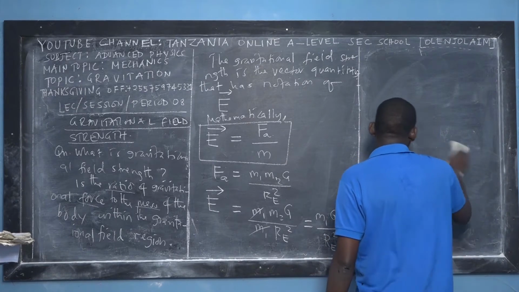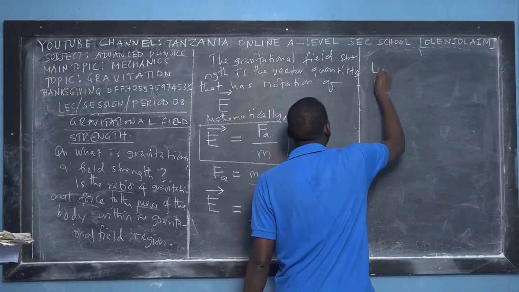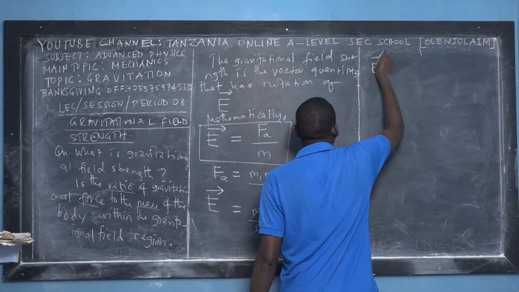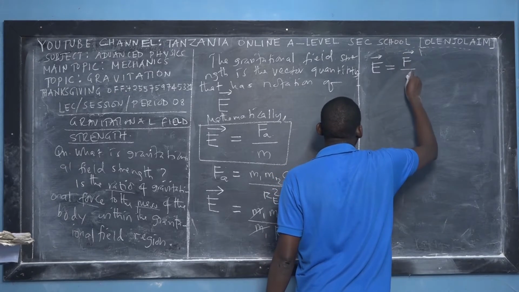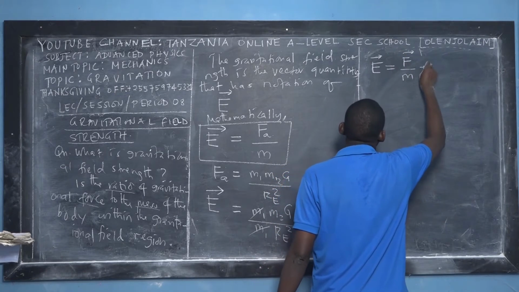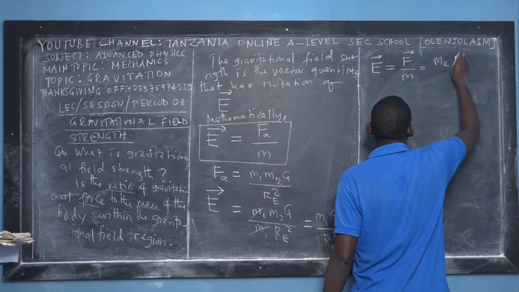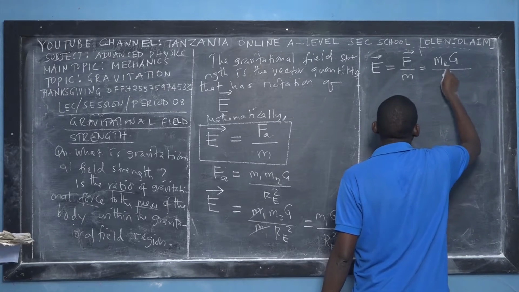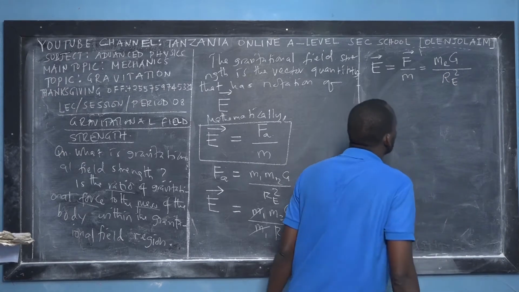Remember that the force is also a vector quantity. So vectorially we can write that gravitational field strength is equal to the ratio of the force, a vector quantity, to the mass, a scalar quantity, which is the mass of the S times the universal gravitational constant divided by the radius of the S squared.